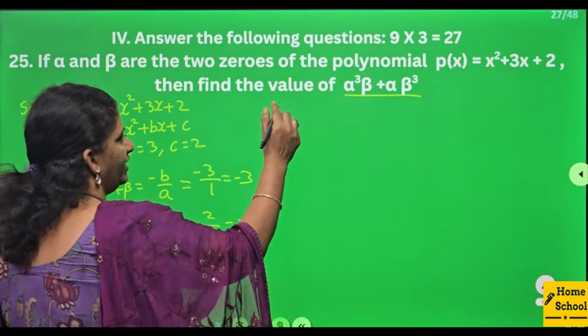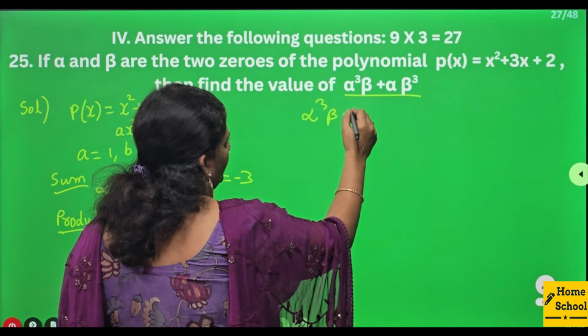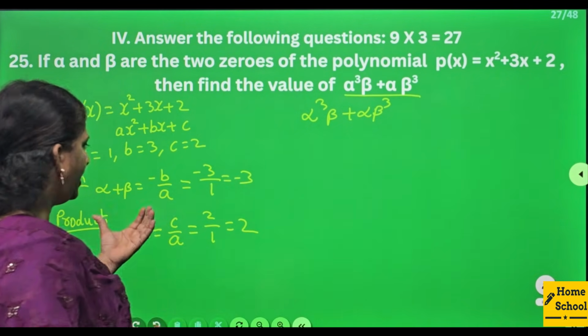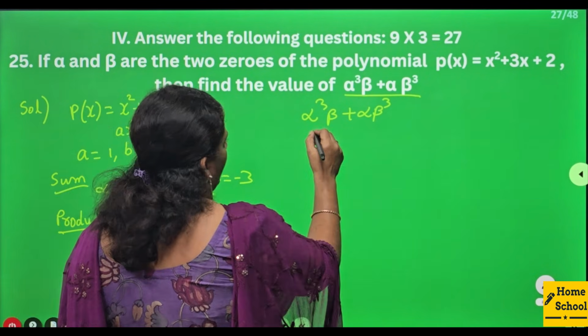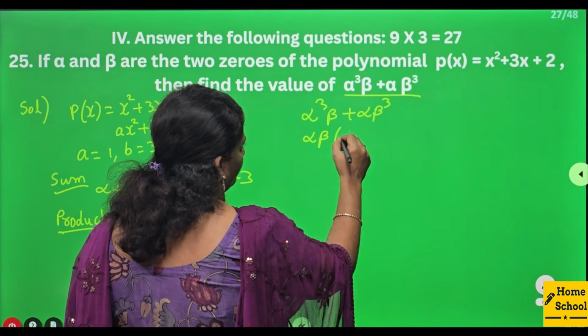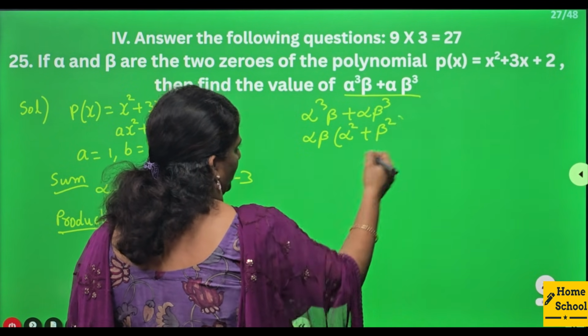Now, we need to find the value of alpha cube beta plus alpha beta cube. How can I apply sum and product there? Just take alpha beta common. What are you going to get here? Alpha square plus beta square.